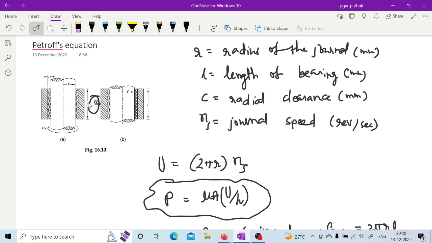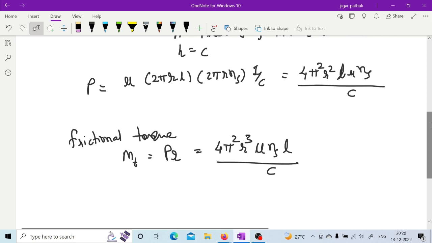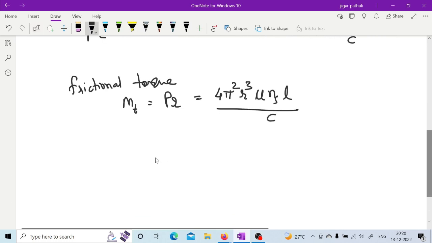Projected area of bearing is simply 2r into length of the bearing, means diameter into length of bearing. So because of this particular W, we have the unit bearing pressure.